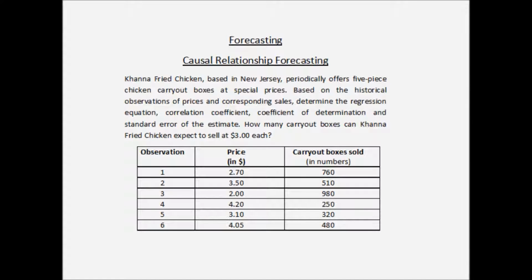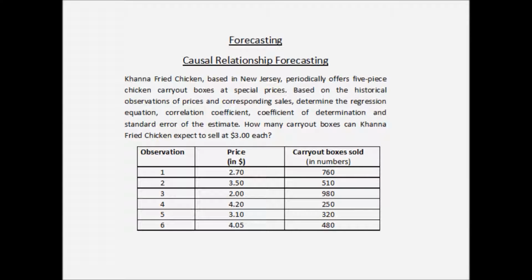Let us look at another example of causal relationship forecasting. Khanna Fried Chicken, based in New Jersey, periodically offers 5-piece chicken carry-out boxes at special prices.